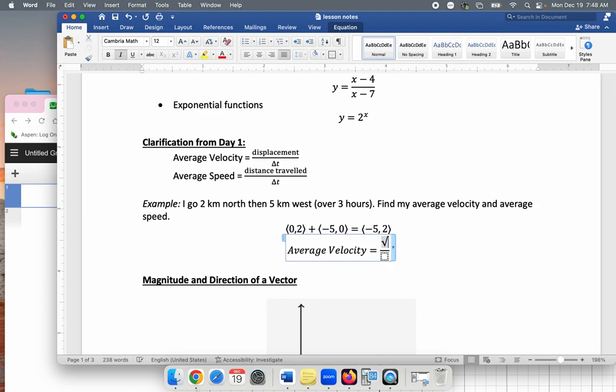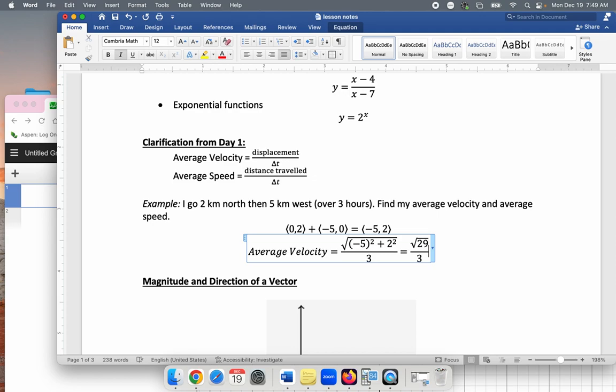So that's going to be the square root of -5 squared plus 2 squared, divided by the amount of time that elapsed, which was 3. So that's square root of 29 over 3. The units here would be, since the distance was measured in kilometers and the time was measured in hours, kilometers per hour.